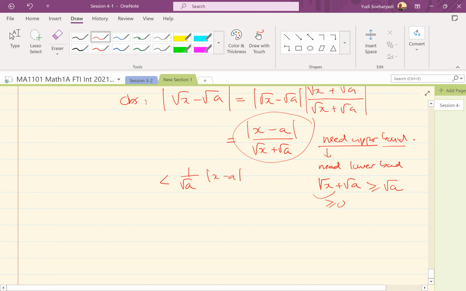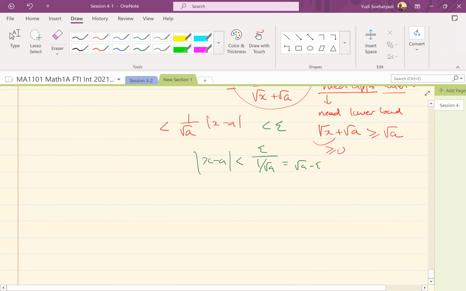Okay, so if you want to have this less than epsilon, that should be epsilon over this, meaning the denominator. So then the proof goes like this.